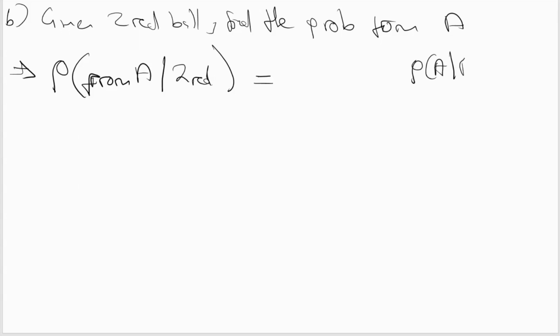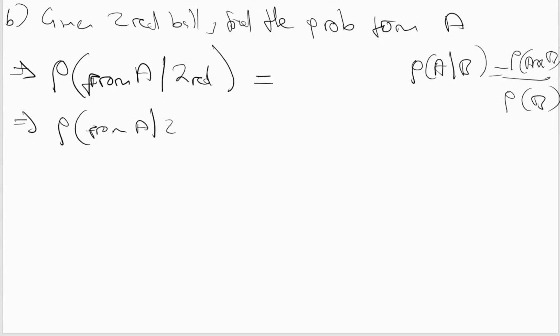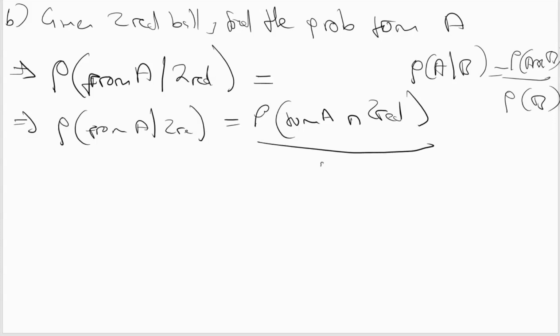If it's A given B, we can write it as the probability of A intersection B, divided by the probability of B, right? So let's rewrite it here. From A given 2 red, we can rewrite in this conditional format, which is the probability that it is from A intersection that there are 2 red, divided by the probability of 2 red, right?